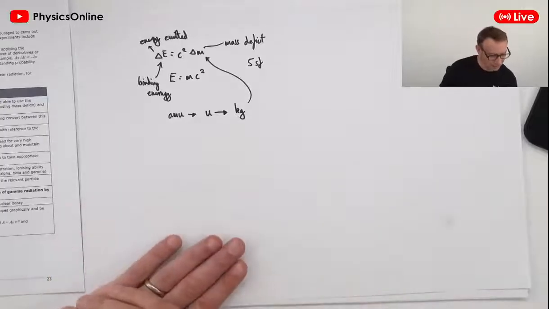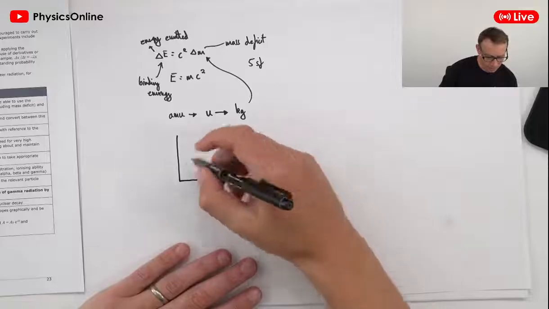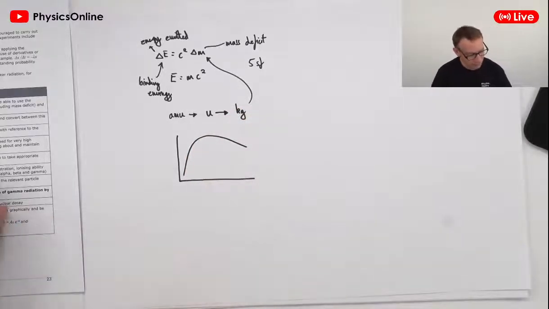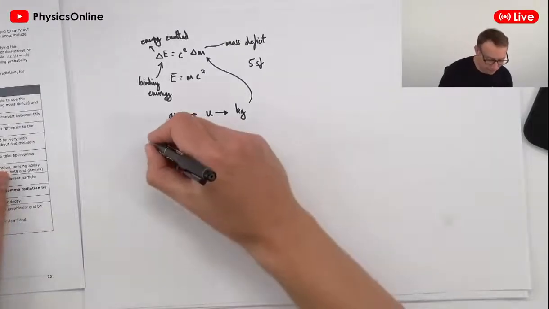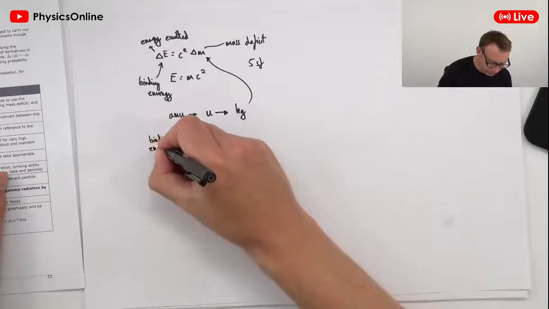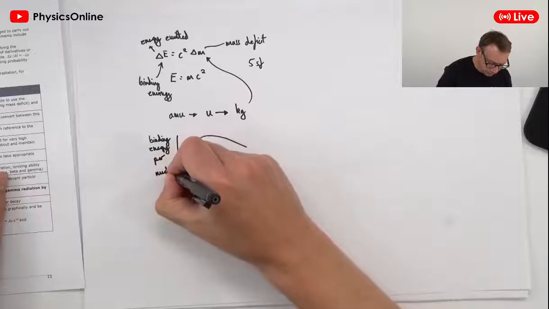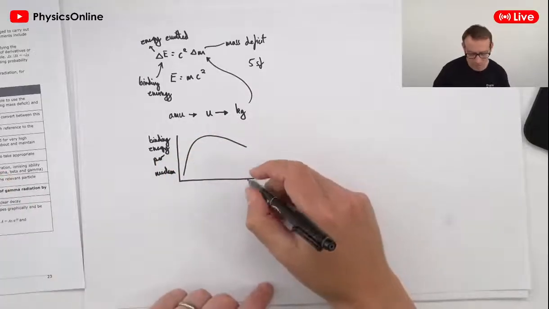We then have the fission and fusion thing, where you've got a curve that looks a bit like this. So what we have is the binding energy per nucleon, and down here we maybe have the mass number, or the number of protons.